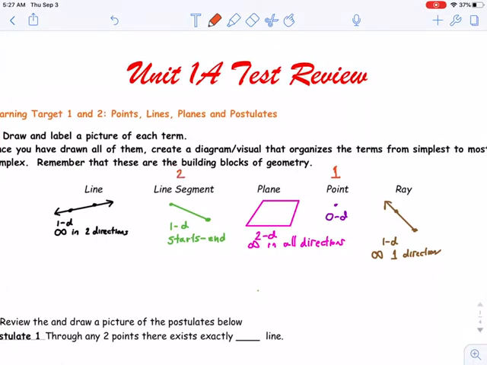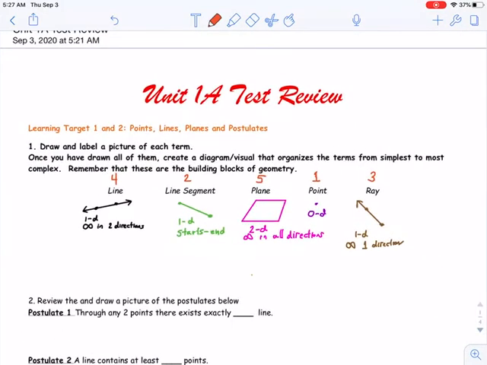It exists in one dimension, but it begins and ends. Next is the ray. It begins, but then never ends. So it does go infinite, but only in one direction. Then a line, because like a ray, it goes infinite in one direction, but then it also goes infinitely in the other direction. And then plane, it's 2 dimensional, goes infinite in all directions. So that's the power rankings right there.